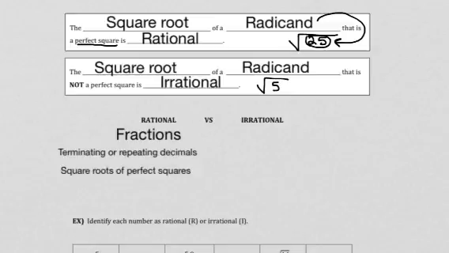Now let's compare that to irrational numbers. Irrational numbers are, in decimal form, both non-terminating and non-repeating decimals. If it's in radical form, it would be the square root of non-perfect squares.